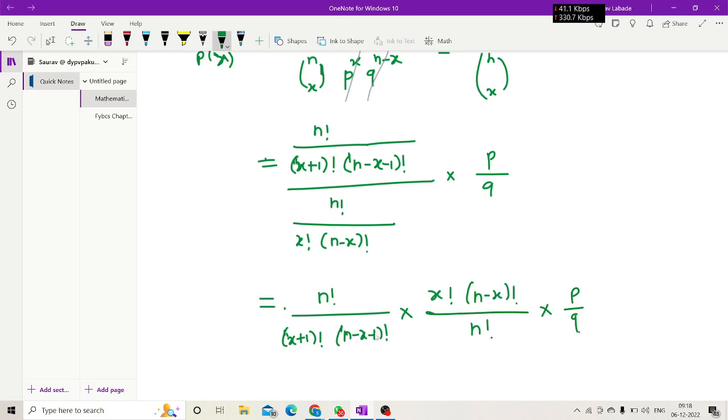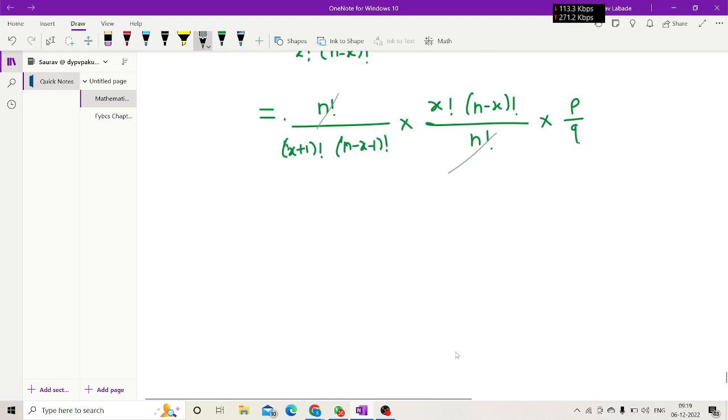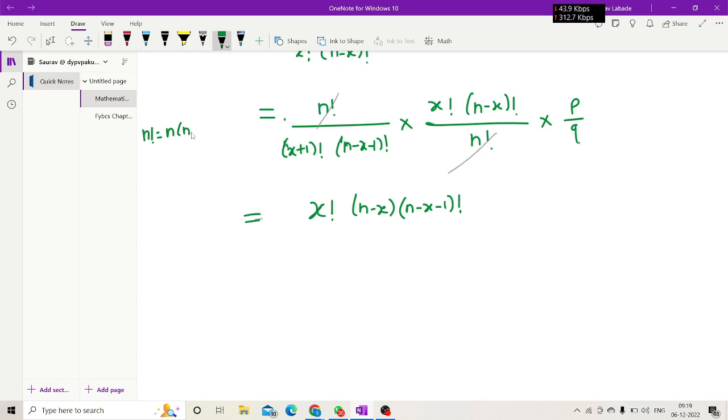Now what will get cancelled? n factorial will get cancelled. In the next term, just try to solve the factorials. x factorial is as it is. I can write (n minus x) factorial as (n minus x) into (n minus x minus 1) factorial, because you know that n factorial can be written as n into (n minus 1) factorial.